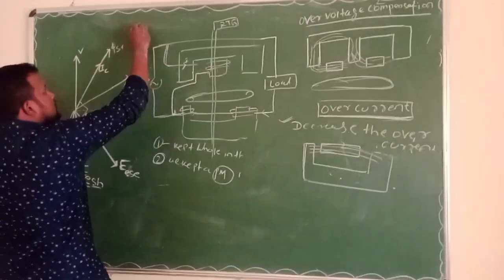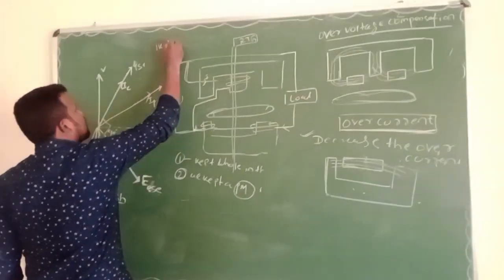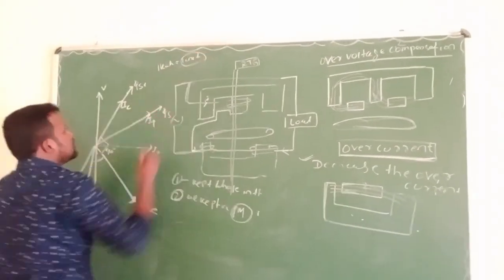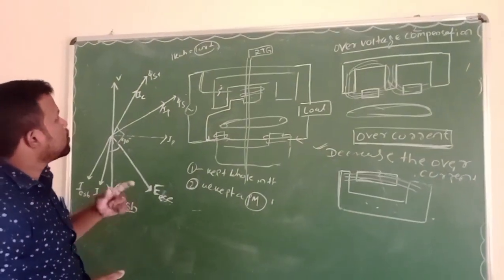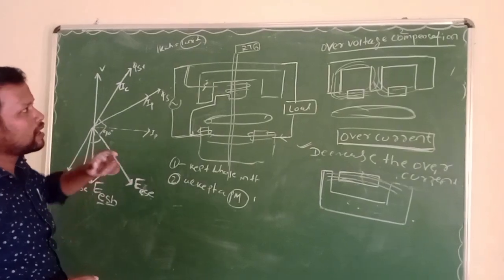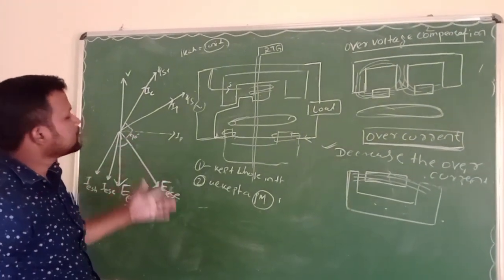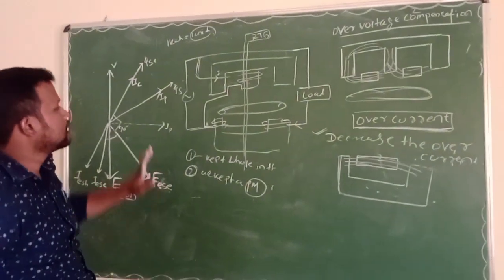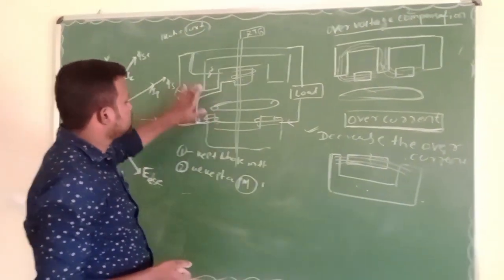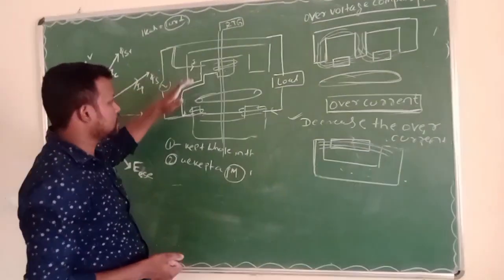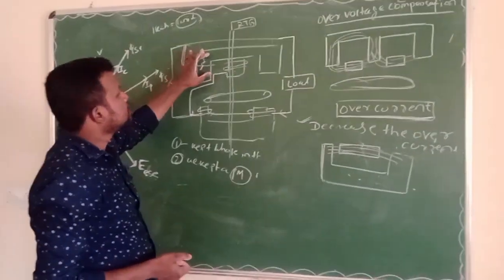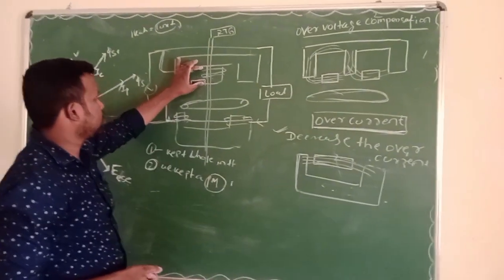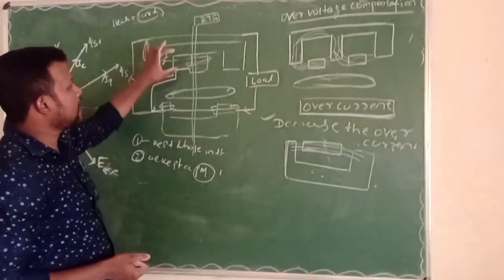If we measure its units, 1 kilowatt hour means 1 unit. 1 unit means if we consume 1 kilowatt, that is 1000 watts, in 1 hour, that is 1 unit of consumption. Here we have two types of magnets, the shunt magnet and the series magnet. The shunt magnet has a shunt coil that has more turns than the series coil.